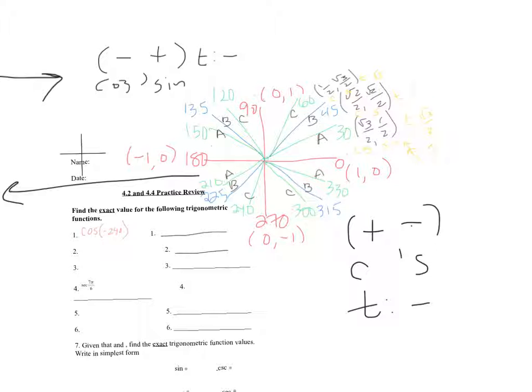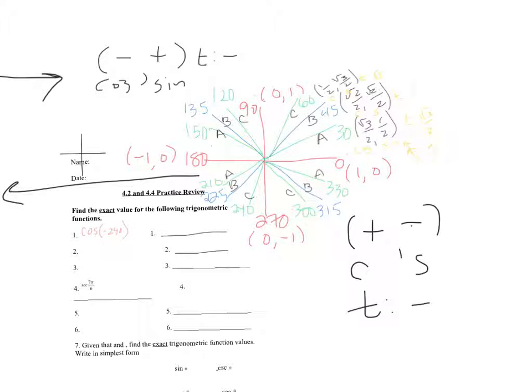So at 30 degrees, I count that as 1, 45, I count that as 2, 60, I count as 3, 90, I count as 4, and so on and so forth. So 5, 6, 7, 8, 9, 10, 11. I went 11. So now I'm going to go in the reverse 11. So now I'm going to go this way 11. 1, 2, 3, 4, 5, 6, 7, 8, 9, 10, 11.